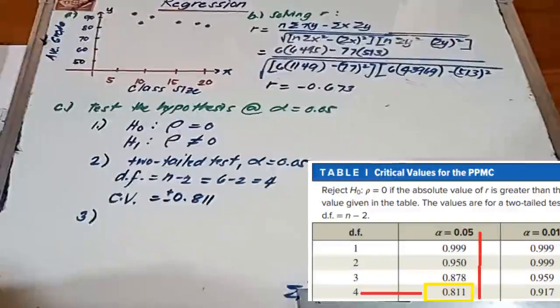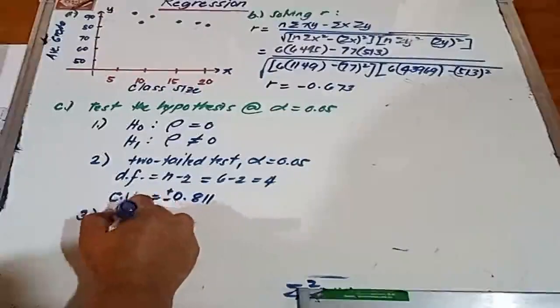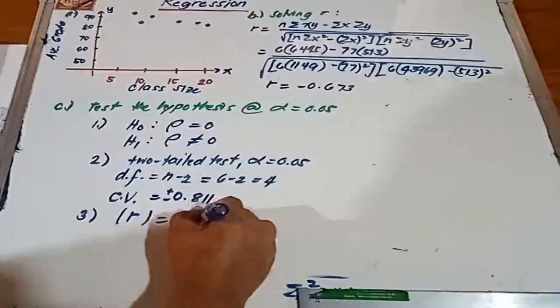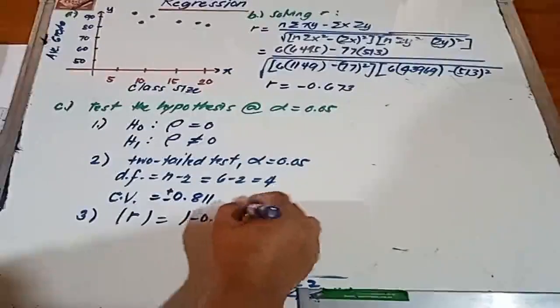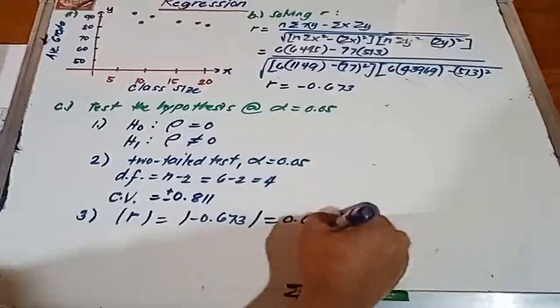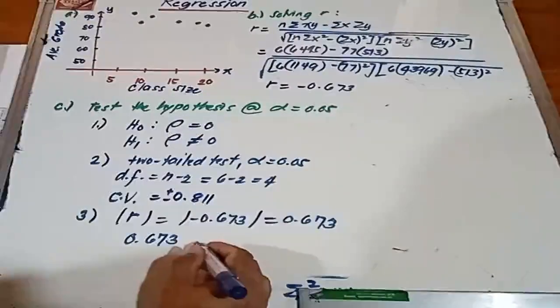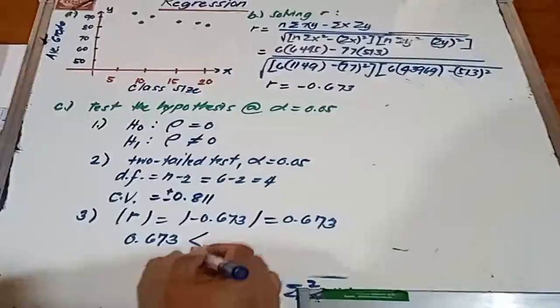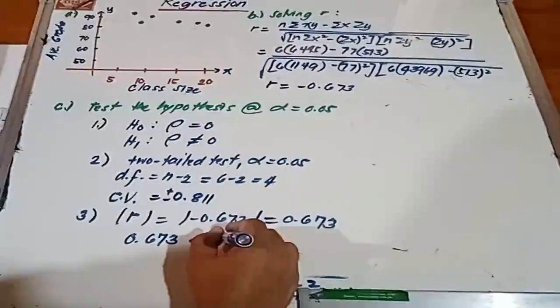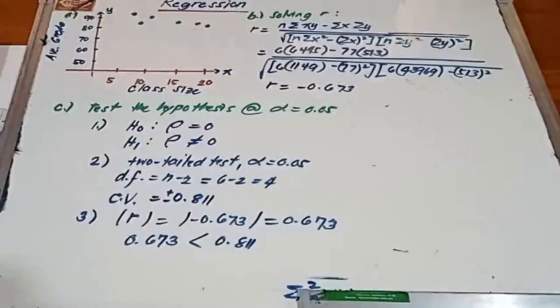Okay. Then next is we're going to make a decision. Compare natin yung absolute value of R. Absolute value of R is negative 0.673. That is 0.673. Okay. So 0.673 is less than the critical value, which is 0.811. Ibig sabihin nun is we cannot reject the null hypothesis.